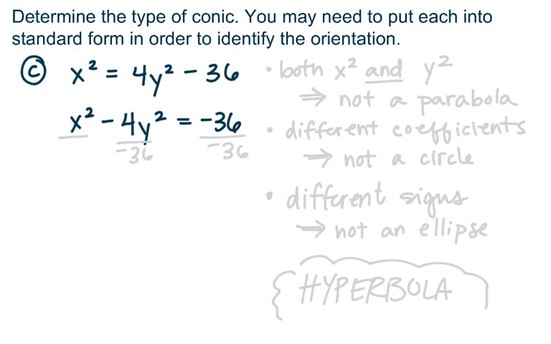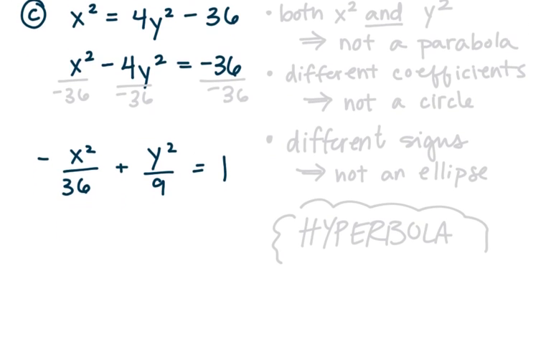So what's going to happen is we're going to have some sign changes. That's going to give me negative x squared over 36 plus y squared over 9 equals 1. So really working to get that into standard form, that would be y squared over 9 minus x squared over 36 equals 1.